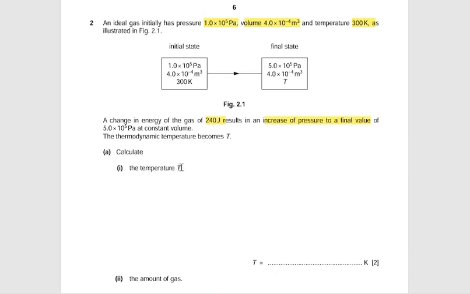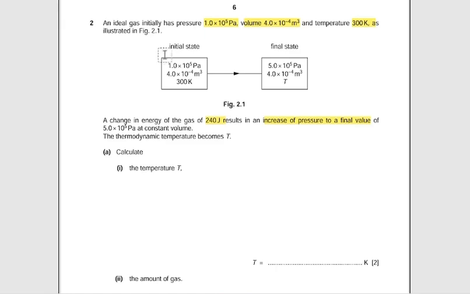The easy way to approach this question is to see the relation between pressure, volume, and temperature.